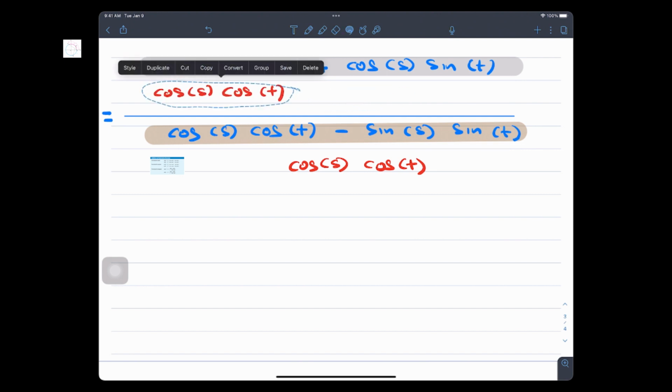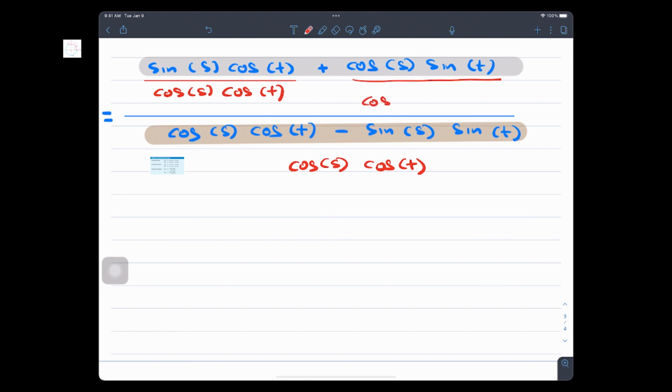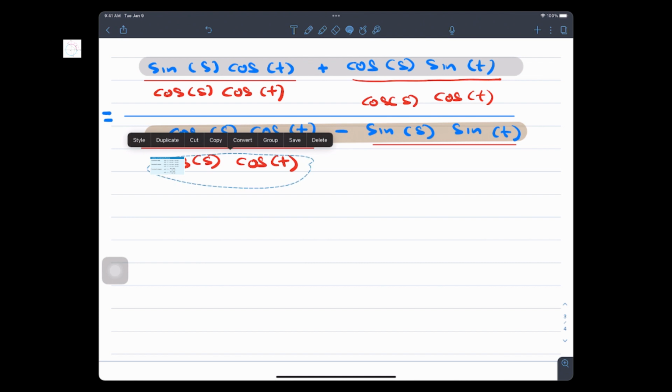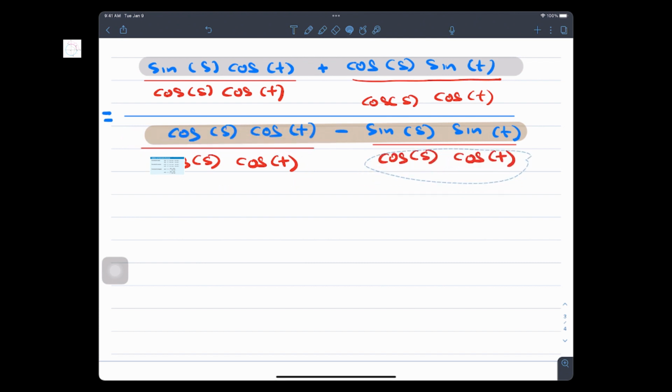Okay, without having to write everything all over again. I'm dividing now every term by that because of the algebra. Okay, so that's kind of where this is going.